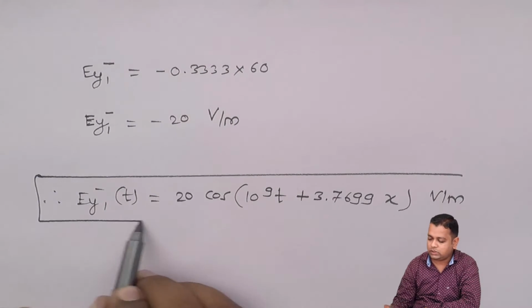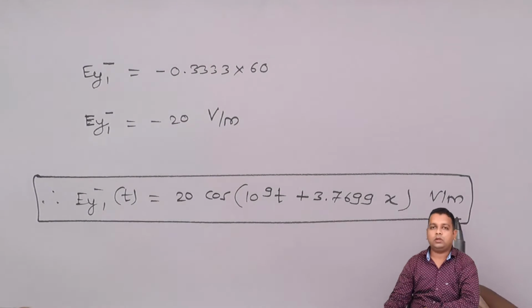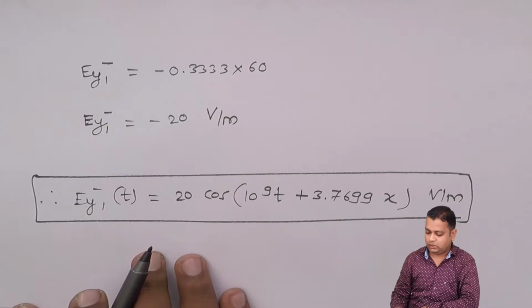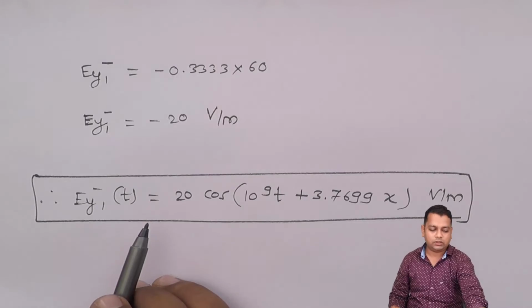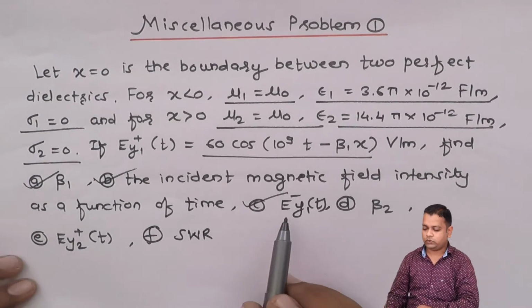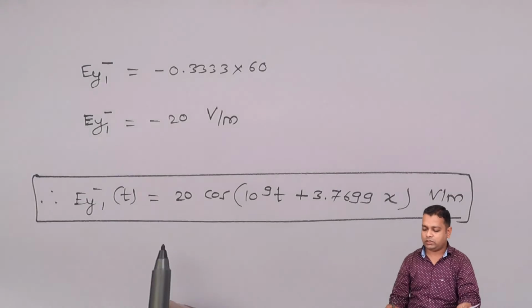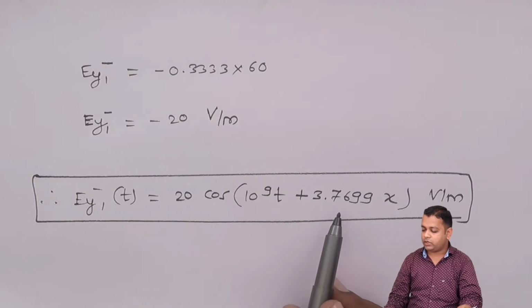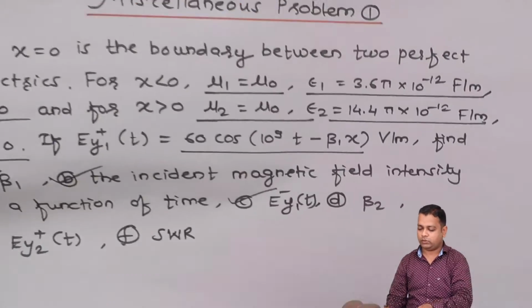Here the sign change occurs due to the reverse direction of the reflected wave with respect to the incident wave. So this is the required answer for part C: 20 cosine of (10 raised to the power 9 t plus 3.7699 x) in volts per meter.